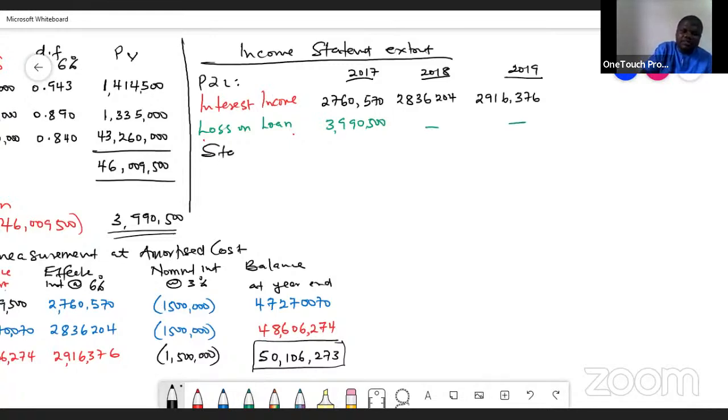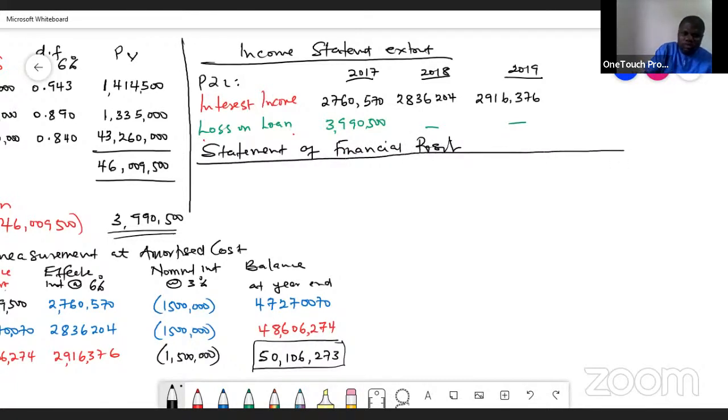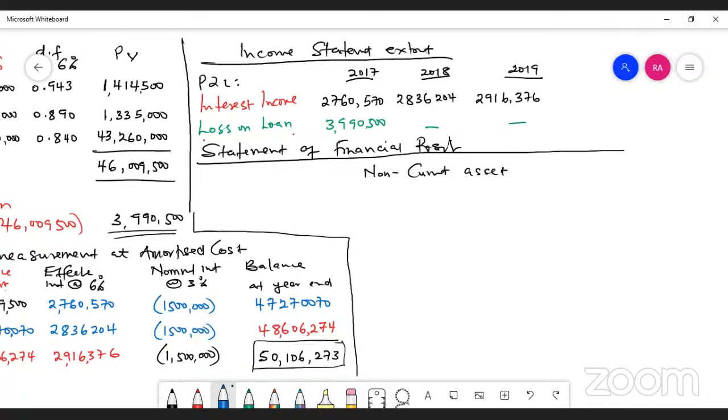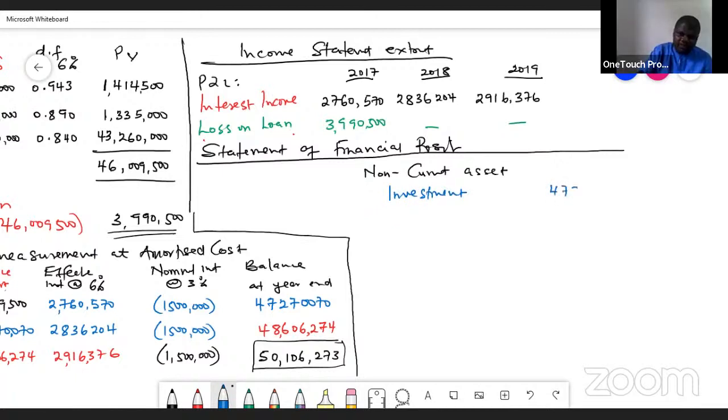Statement of financial position. We have non-current assets. We have investments. That is 47,270,070.